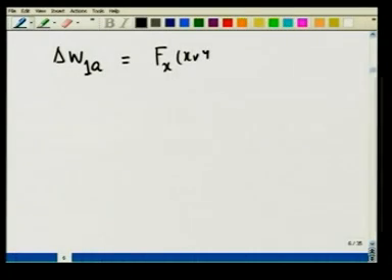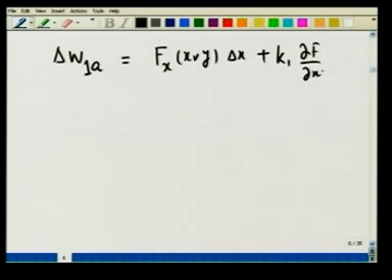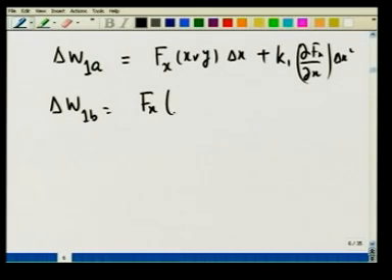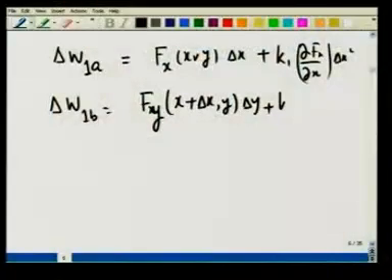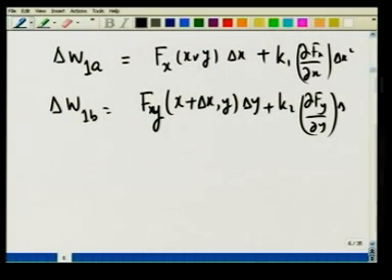I get delta w along 1a is equal to f x at x, y delta x plus some constant k1 partial of f x with respect to x delta x square, and along 1b it is f y at x plus delta x, y delta y plus some k2 partial of f y with respect to y delta y square.